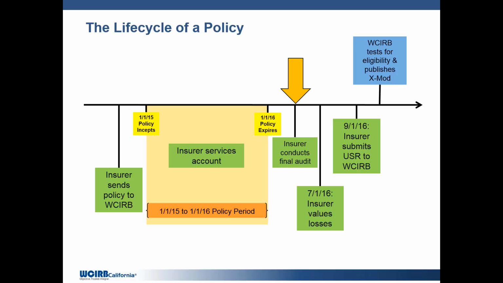After that policy is completed, the carrier is going to conduct a final audit, and they may use their staff or an outside company to perform that work. Then, a little further down the road, those payrolls and losses are submitted to the WCIRB on a USR, a unit statistical report.